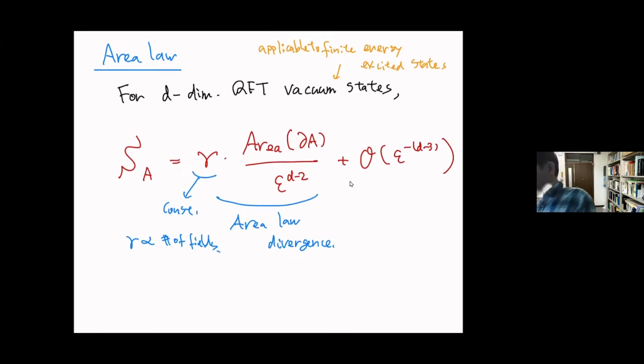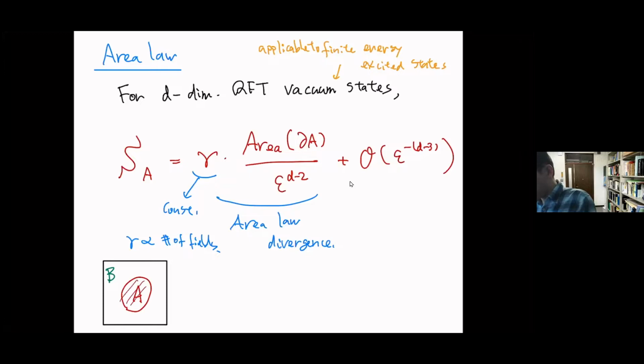So what I had in mind is this basic setup of entropy. This is a subsystem A, and we have a complement B, and we talk about the entanglement entropy in this region.